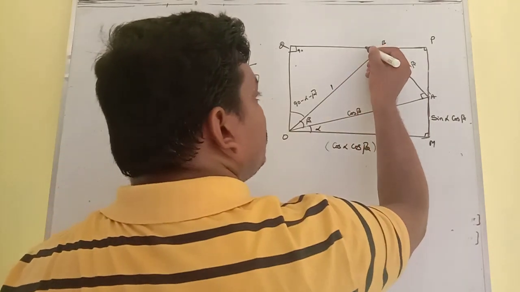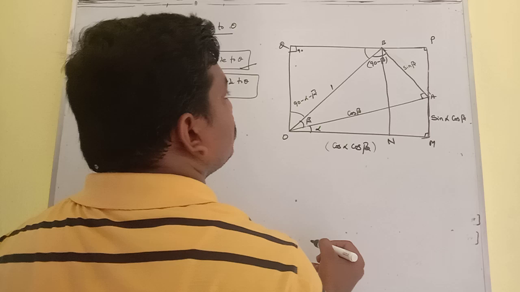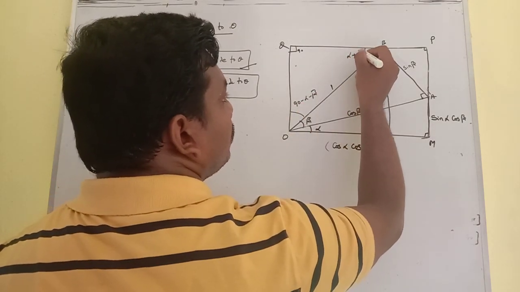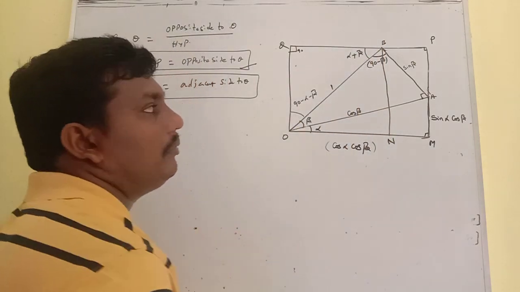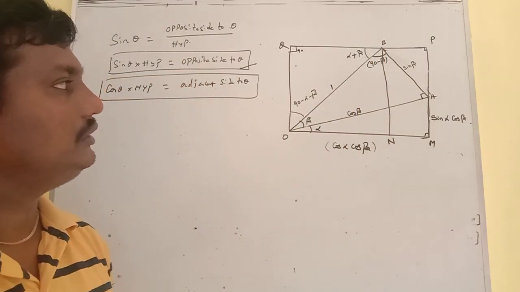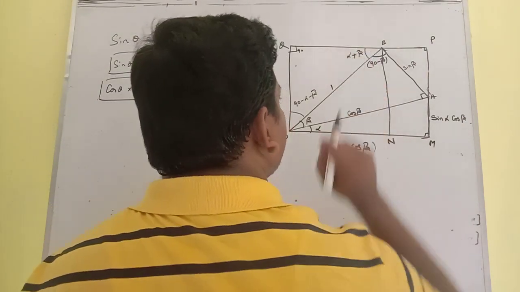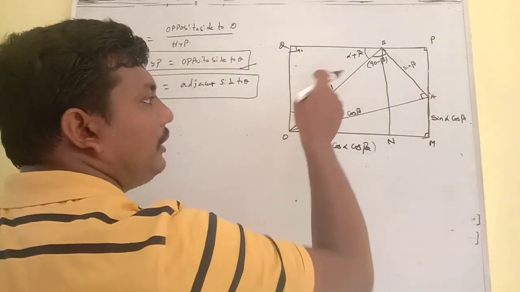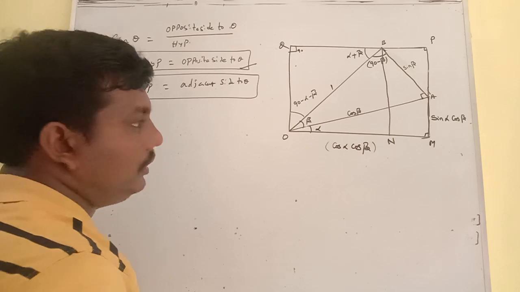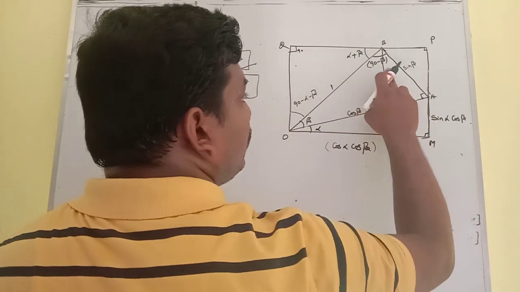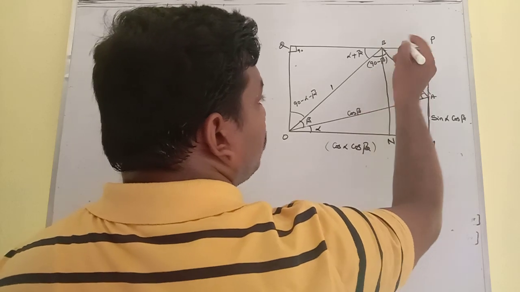Okay, so what about this angle? This angle is equal to 90 minus alpha. This is alpha plus beta. Now, if you consider this is alpha plus beta and this is 90 minus alpha minus beta, so what about this angle?